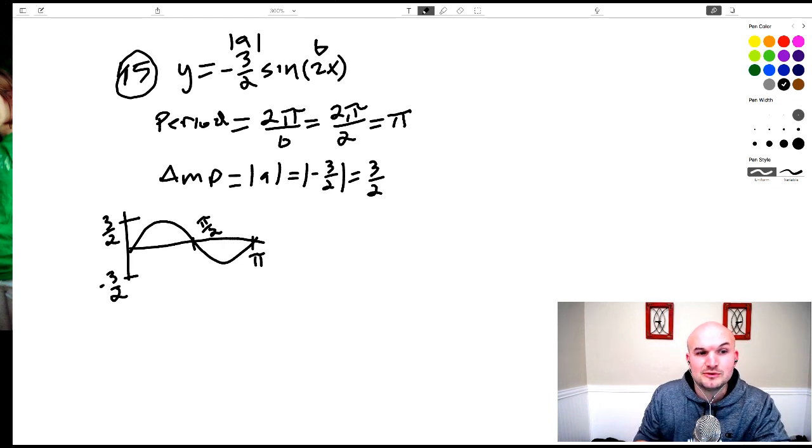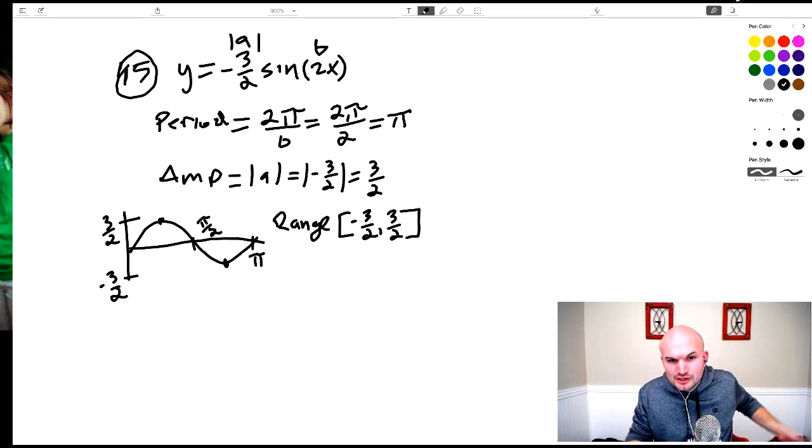It has an absolute max at pi over 4, 3/2, and then it has the absolute min over here. So our range is basically asking us, how low does the graph go to how high does it go? Using the information from the amplitude, our range is going to be from -3/2, comma, to +3/2. Those points are included, so we're going to use brackets.